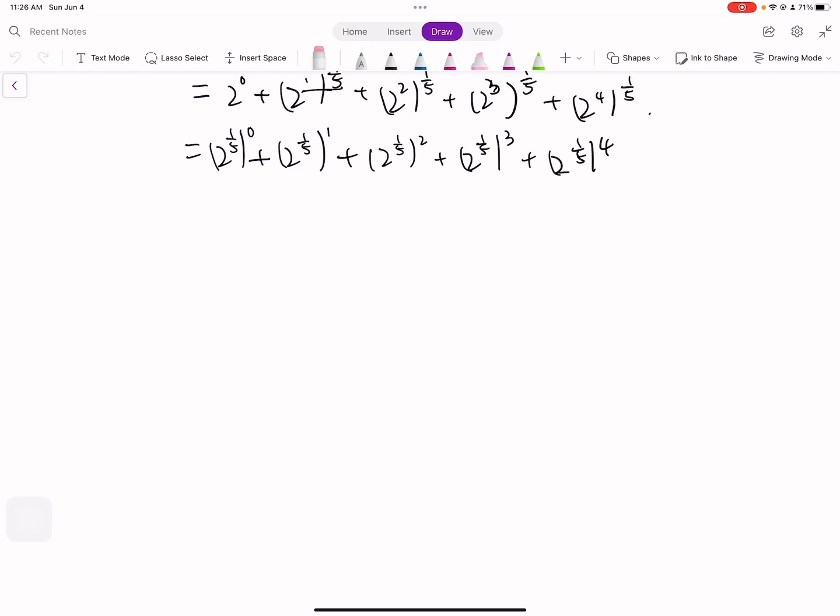What I mean by that is, for example, there is a sequence with terms 2, 4, 8, 16, 32, and 64.